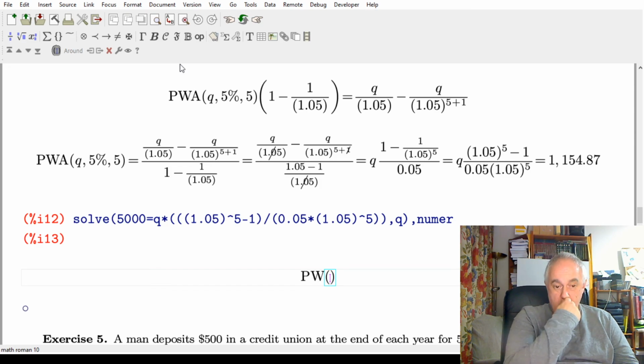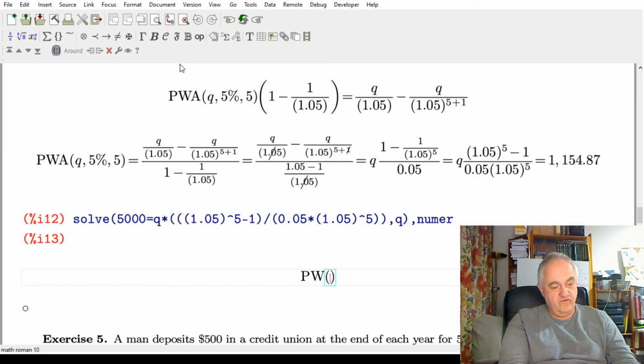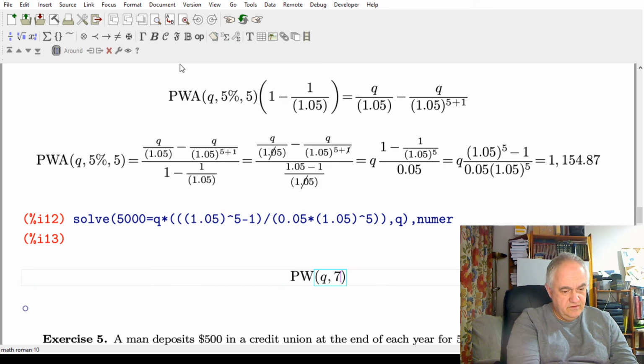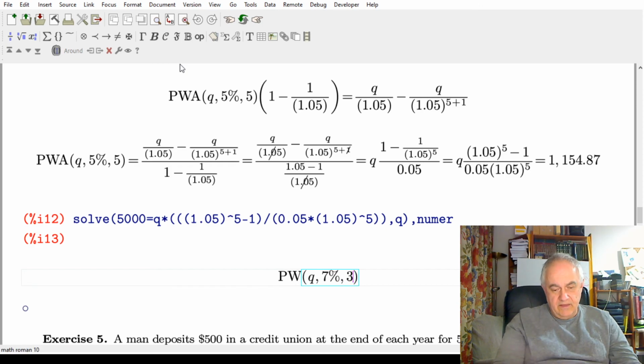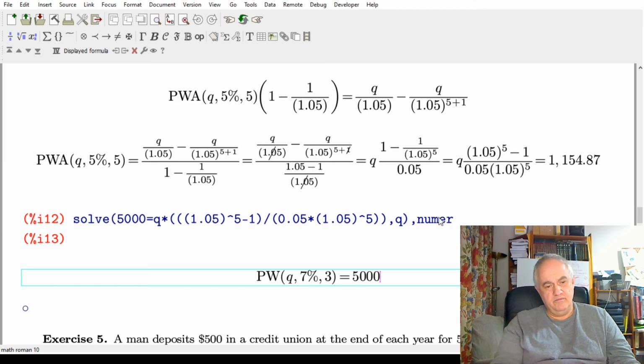Okay, so if we introduce 5,000, of Q, 7%, 3 years. And this equivalent should pay back again the 5,000 because we have to reimburse the payment. Okay, then this is easier to handle.